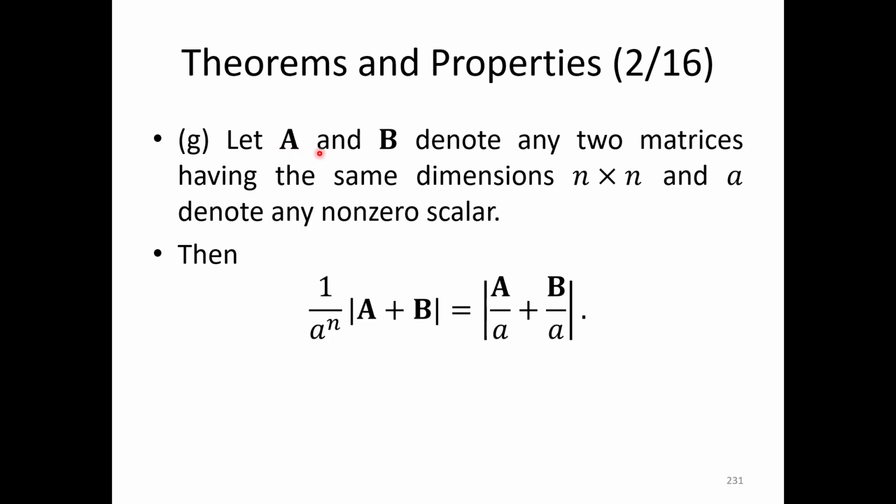Let capital A and capital B denote any two matrices having the same dimensions n by n, and small a denote any non-zero scalar. Then 1 over a to the power of n times the determinant of capital A plus capital B is equal to the determinant of capital A over small a plus capital B over small a.